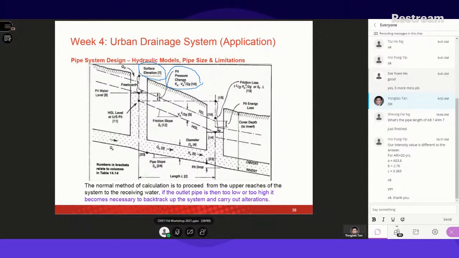Another loss you need to know is the friction loss. The surface of the pipe is not perfectly smooth, so any type of pipe will have a friction loss. We use this to calculate the friction loss of the pipe.